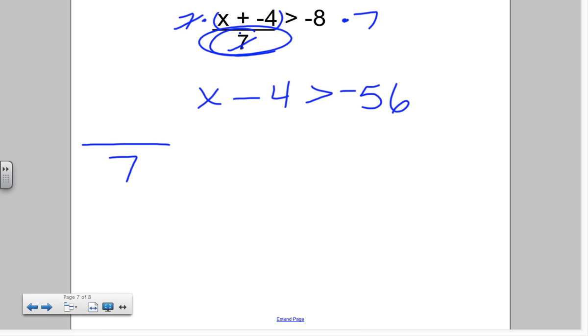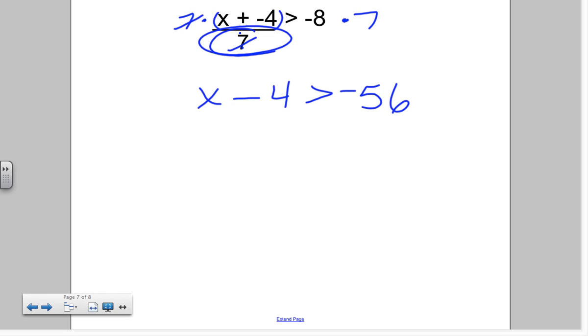If you multiply by 7, what's 7 divided by 7? 1. So now you have 1 times this. What's 1 times anything? Itself. So that's why you get whatever's in the parentheses. Subtraction just multiplied by the denominator to get rid of the fraction.